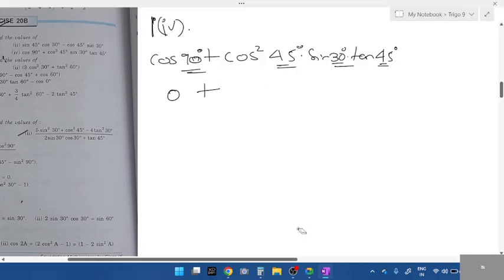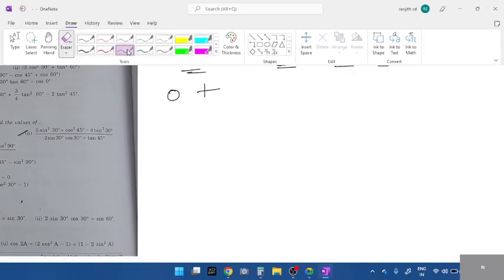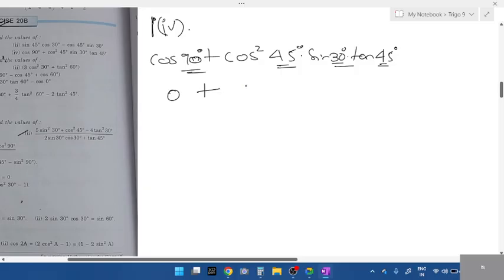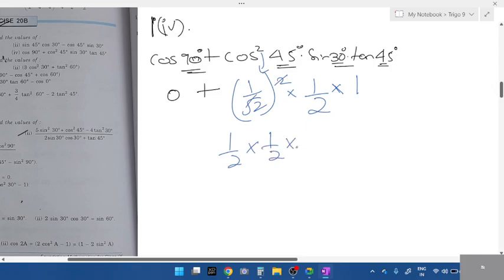Cos 45 and sin 45 is same, right? Yes, 1 by root 2. 1 by root 2 whole square is given. If it is square, then we need to square it. Multiplied by sin 30, which is 1 by 2. What is tan 45? 1. So 0, just ignore it. Root and root will get cancelled. 1 by 2 into 1 by 2. What's the answer? 1 by 4.